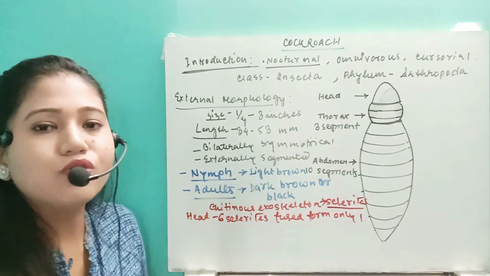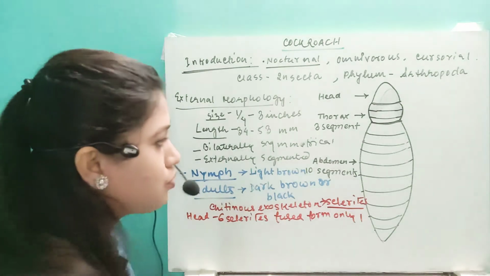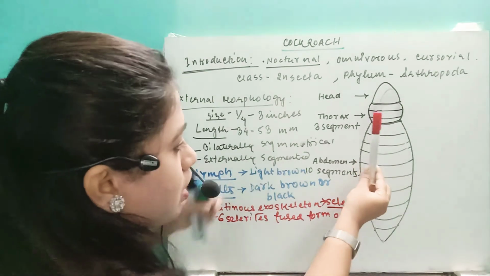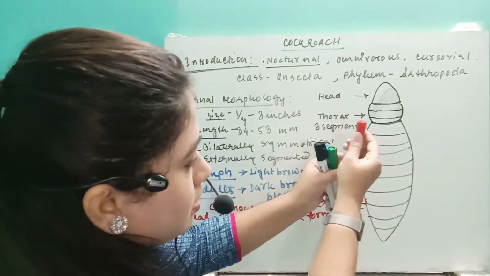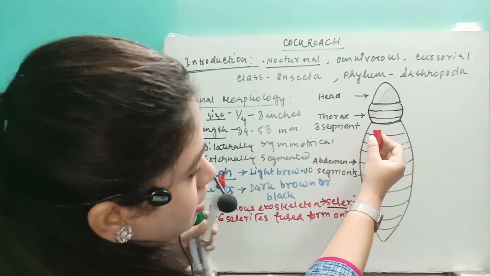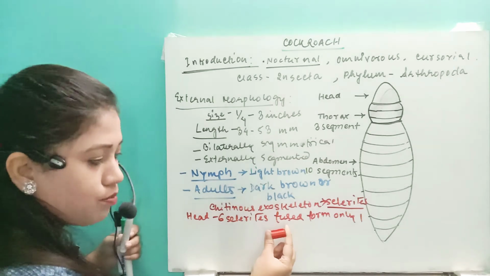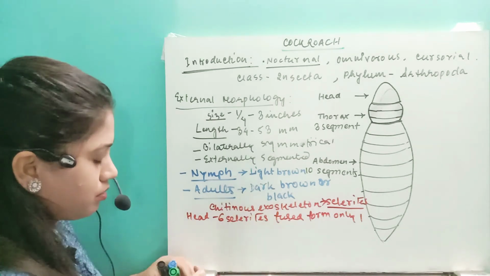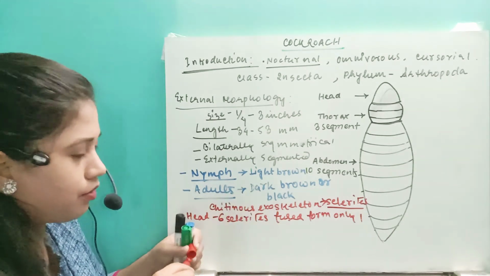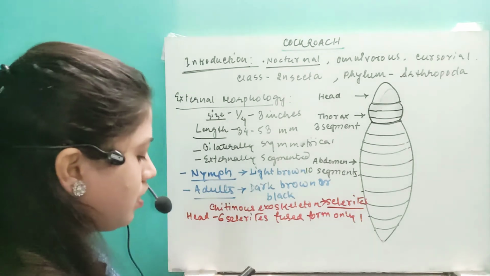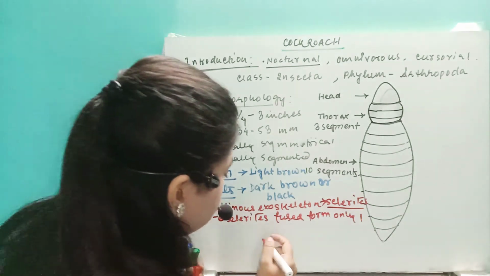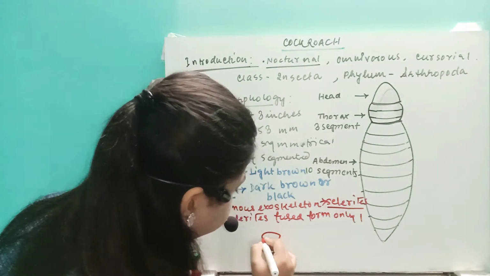If you take out only one segment, suppose this is the cockroach, this is one segment. I hope you understand the plane we are discussing. Suppose the segment is like this.